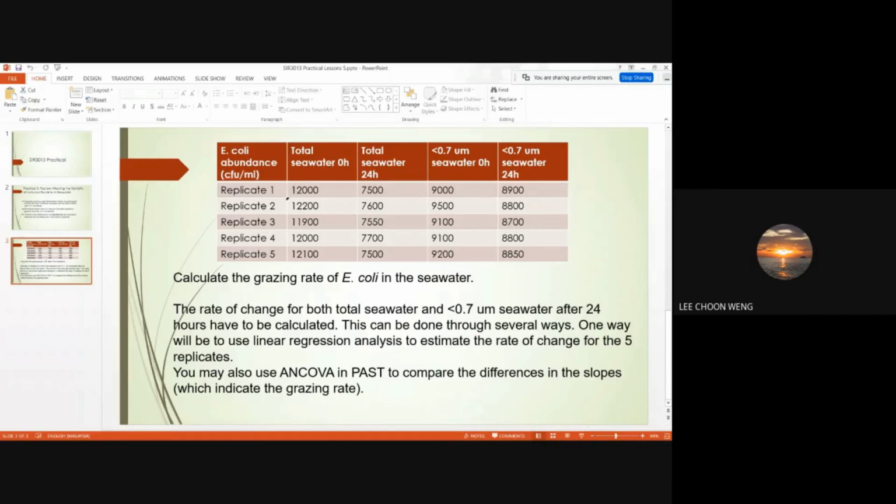That's why maybe the numbers are higher here as opposed to here. Okay, that's possible. So we use ANCOVA to compare the slopes, because ANCOVA compares the differences in the adjusted mean. That's why we use ANCOVA to compare the slopes.